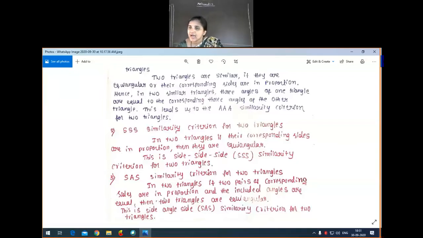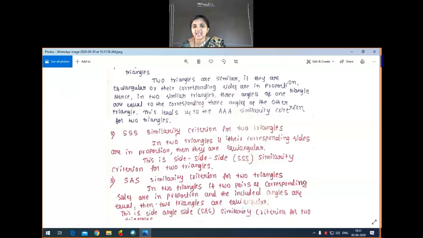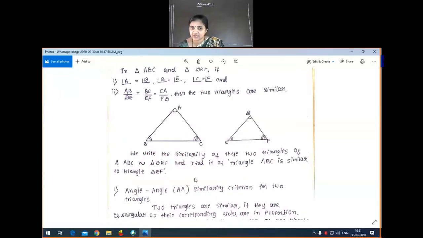Now the last criterion of similarity is SAS. What is this SAS? We'll discuss with the figure only first. Any one side, corresponding sides, AB divided by DE, then BC divided by EF, included angle. We are not writing SSA. Listen very carefully.